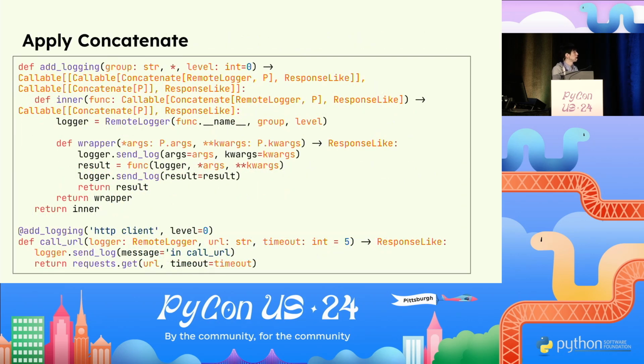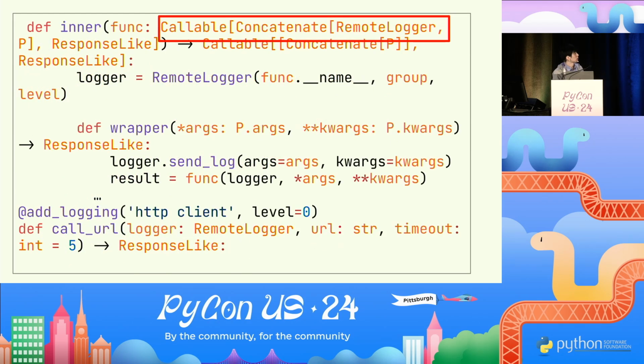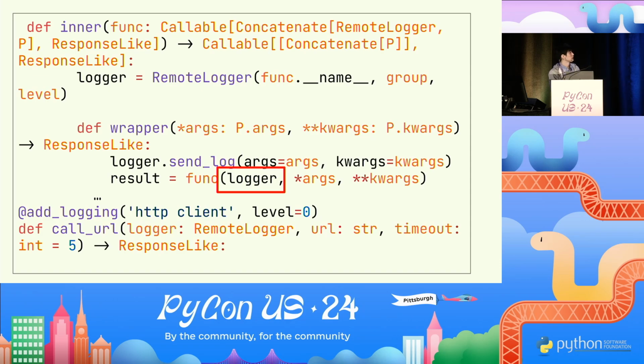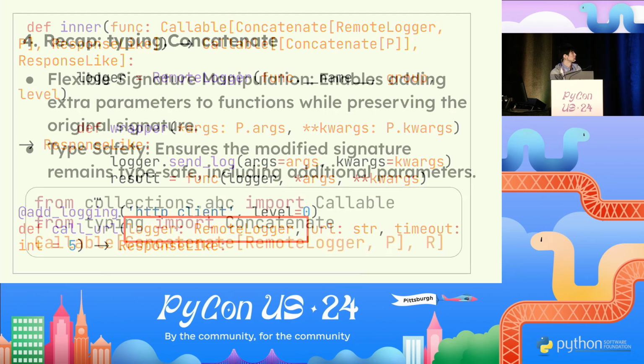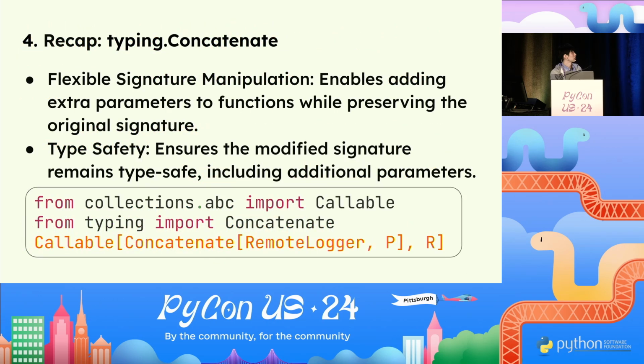So we apply this type here. Now I added the remote logger, and the decorator passes the logger as the function's first argument.